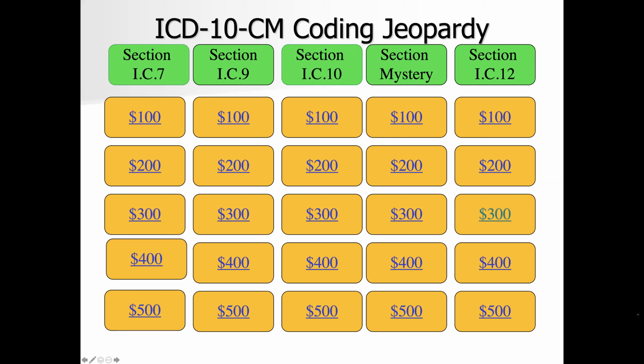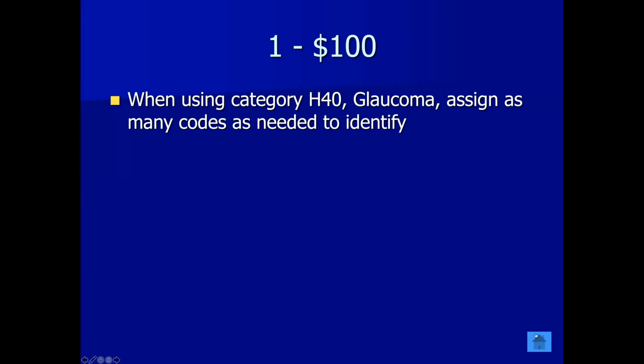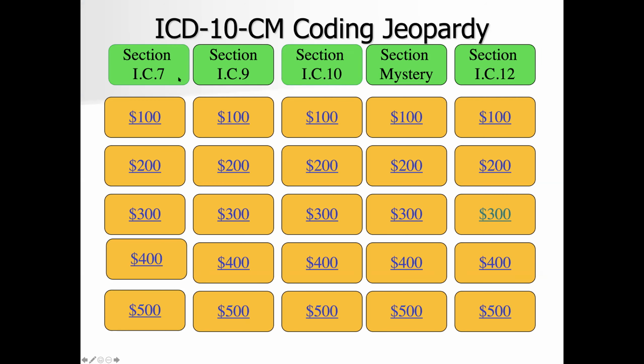Just so everyone understands, the sections across the top actually represent the chapter-specific guidelines. So in ICD-10, there are 20 chapters. So you want section 10? Yes, ma'am. All right, for 300?